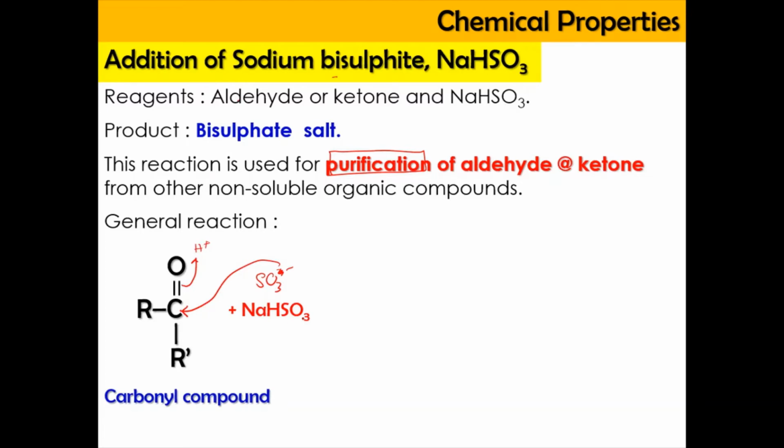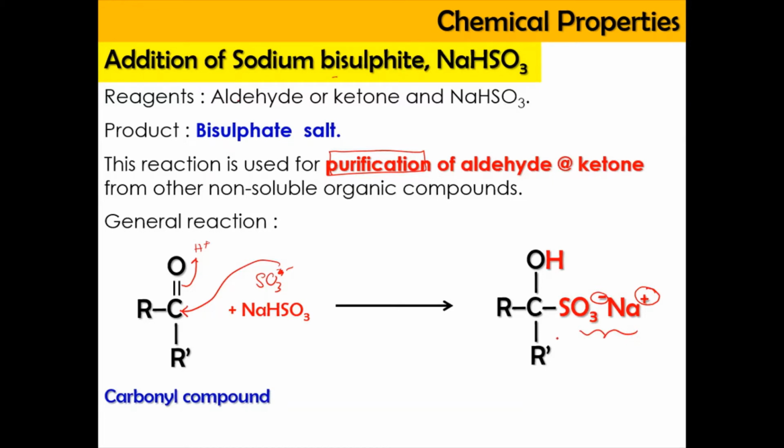Because it becomes SO3 minus and this one becomes H plus, the sodium metal, because it carries a positive charge, will be close by to the SO3 minus in order to neutralize the charges. This is named the bisulfite salt.